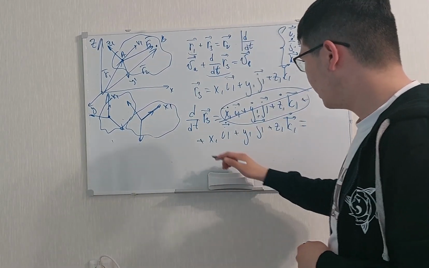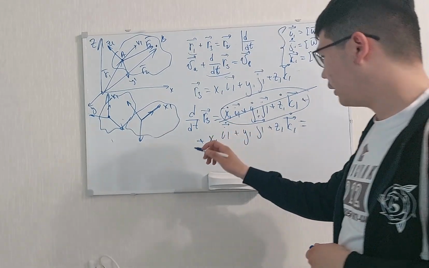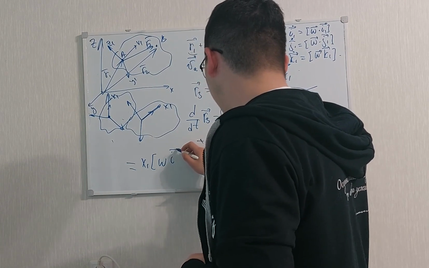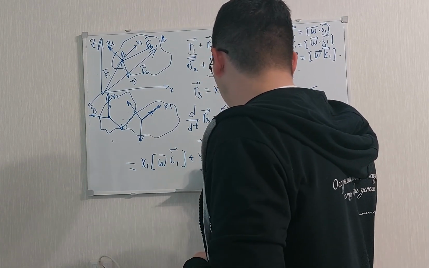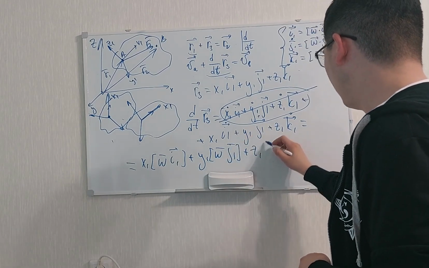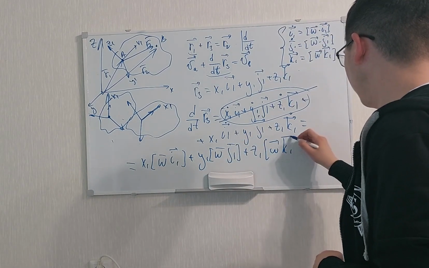we can write that the derivative of vector r3 is x1 multiplied by omega i1, plus y1 omega j1, plus z1 omega k1.